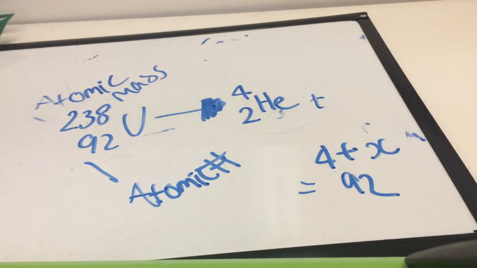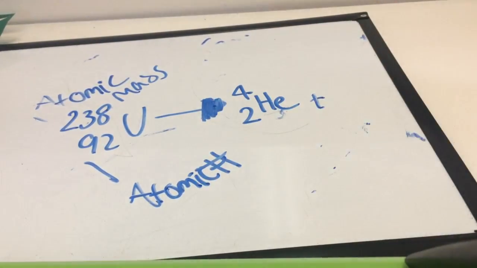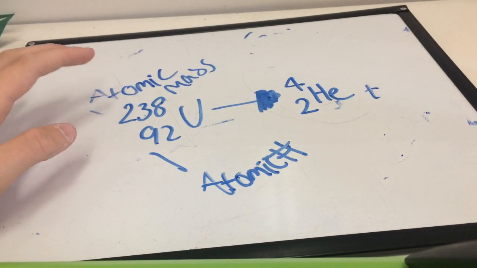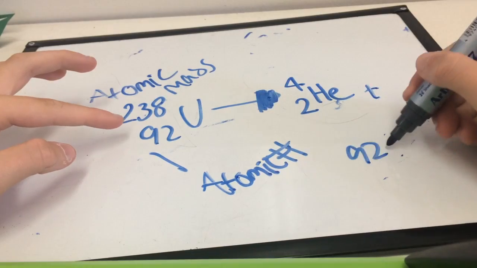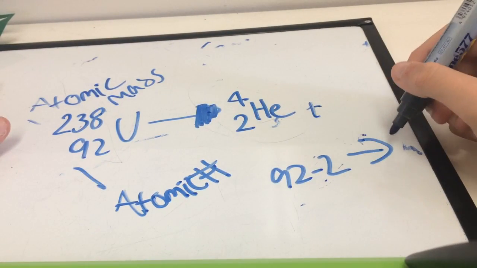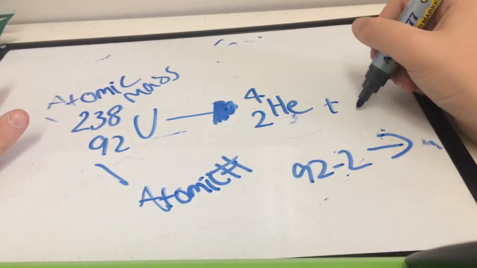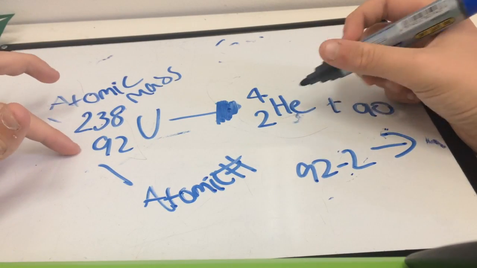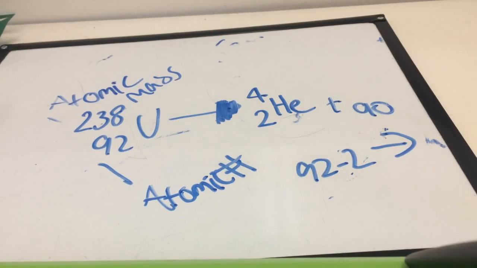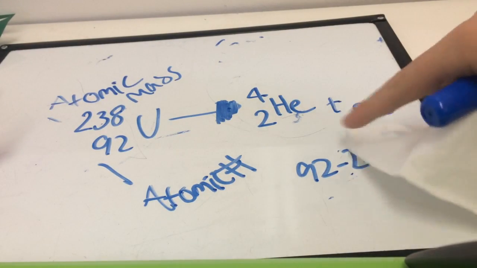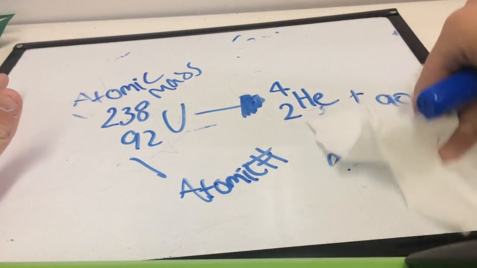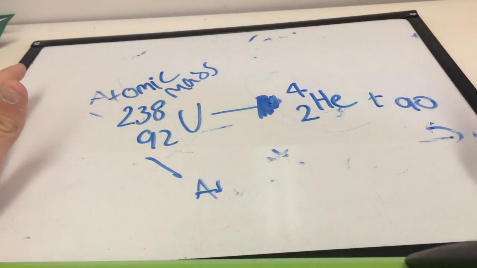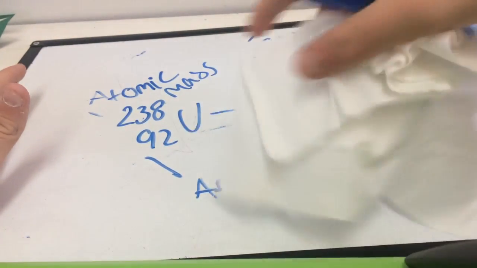We can grab the 92 minus 2 to give us what's on the other side. So 90 plus 2 equals 92. It's balanced. They're both 92 protons on each side. The atomic number on each side is 92.